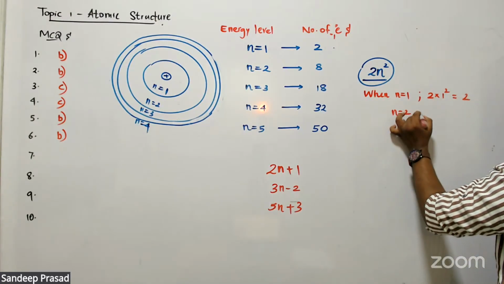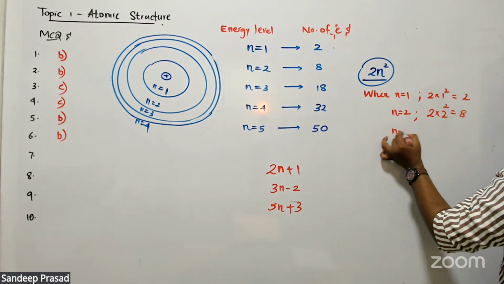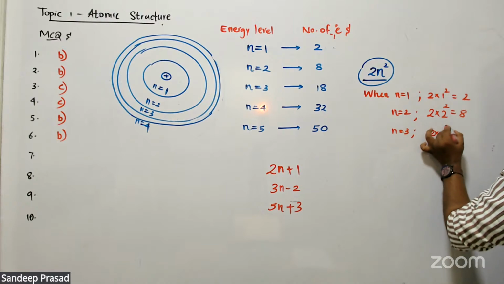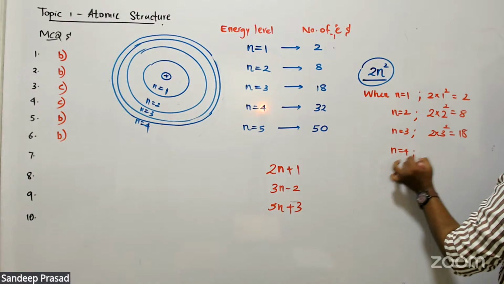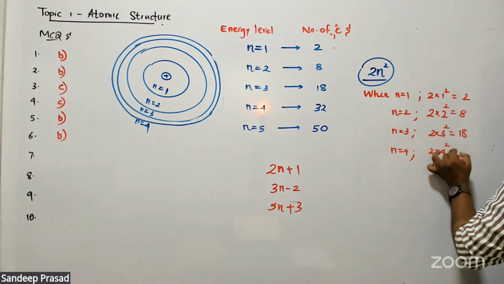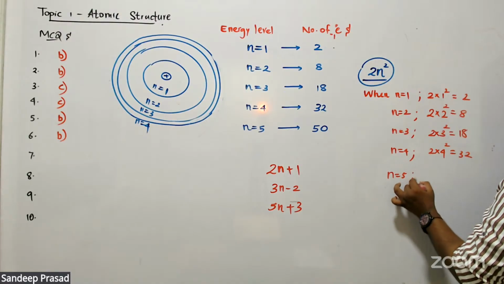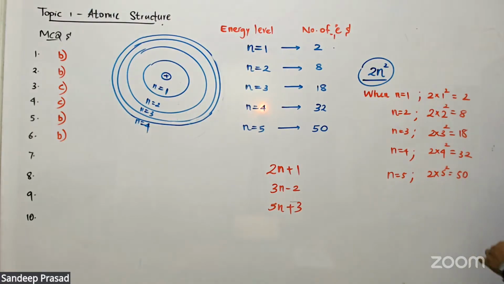N equal 2, 2 into 2 squared, that is 8. N equal 3, 2 into 3 squared, 18. N equal 4, 2 into 4 squared, 32. N equal 5, 2 into 5 squared, that is 50.